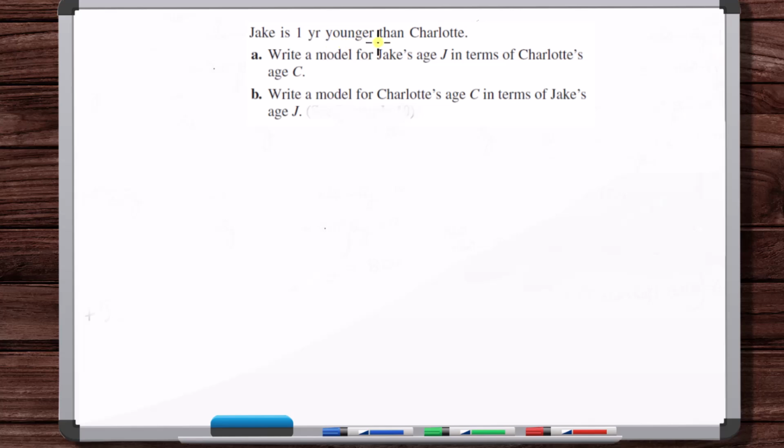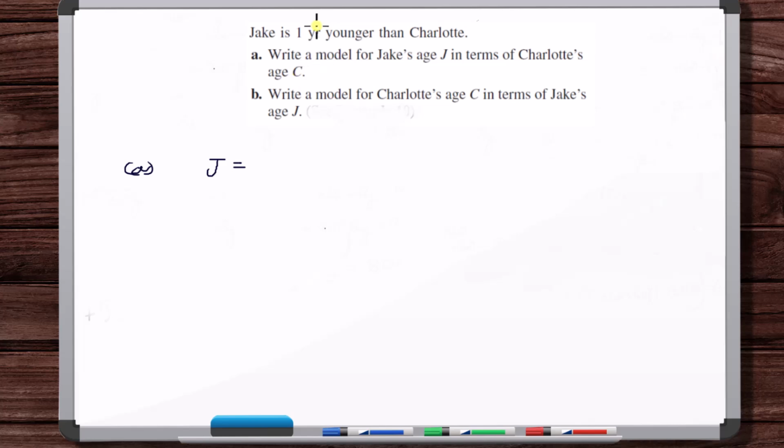Jake is 1 year younger than Charlotte. A. Write a model for Jake's age, J, in terms of Charlotte's age, C. So Jake's age is J. All right. So what is Jake's age equal to in terms of Charlotte's age?